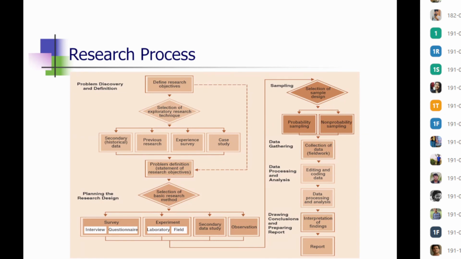To solve the same problem, you have different options like survey, experiment, secondary data analysis, observation. At this stage you have to be introduced to different types of methods, and decide which method is more effective for your research, and why it is more effective than other methods.